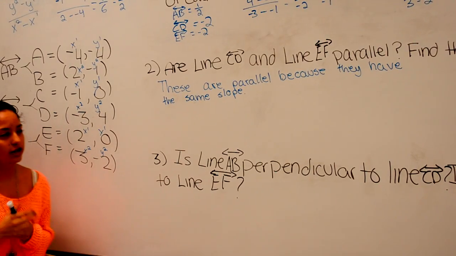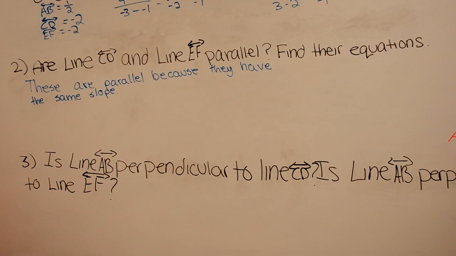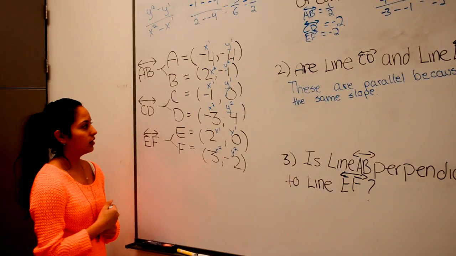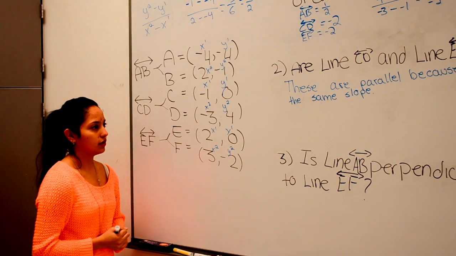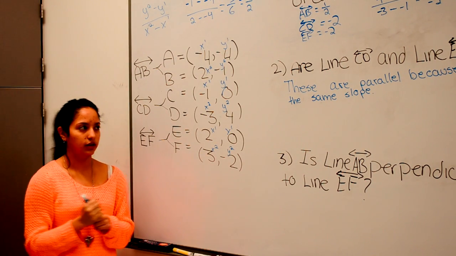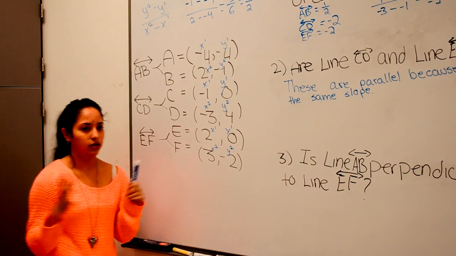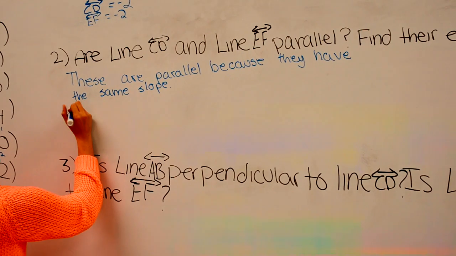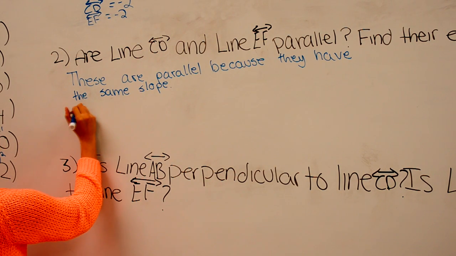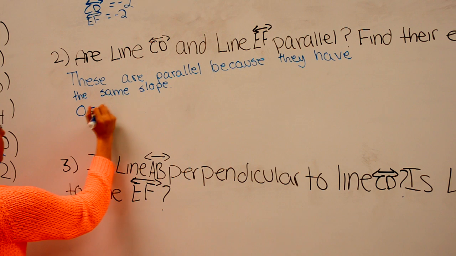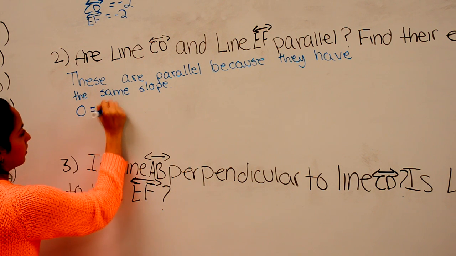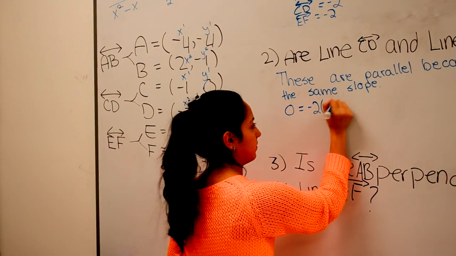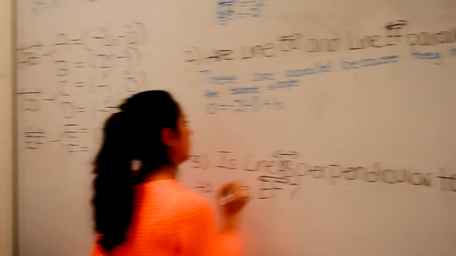The next part of the question is find their equations. We already know that their slopes are -2, and when we look at their coordinates, we can figure out what b, which is the y-intercept, is to make the full equation. So we can take y, which is 0, and plug it in to the slope, which is -2, times x, which is -1, plus b, which is still unknown.